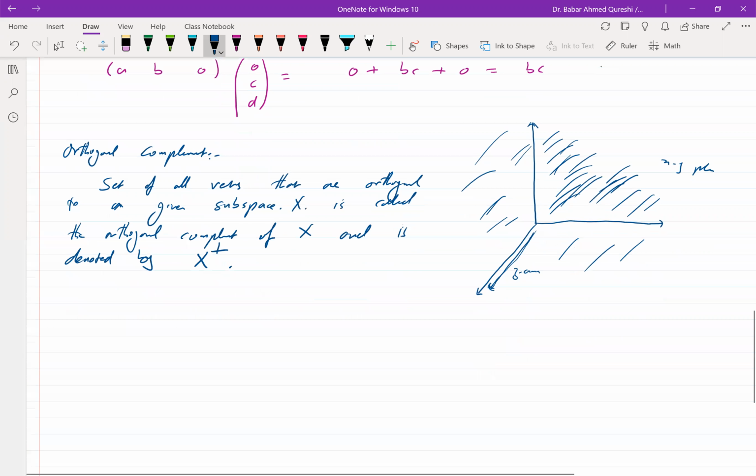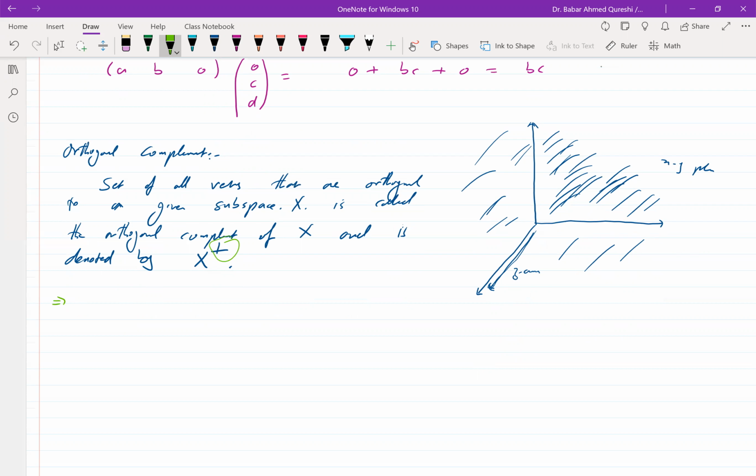So it just means that when you put this symbol over here, I'm considering the set of all vectors which are perpendicular to every vector in X.